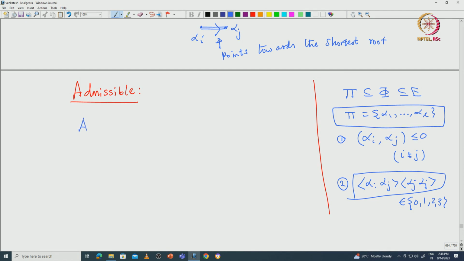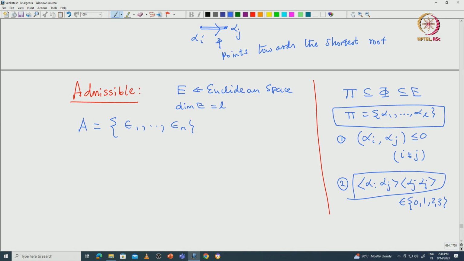What is an admissible set? It is a subset of E. Let us say it is a collection of some n vectors, where E is the Euclidean space. Let us say the dimension of E is L, which could be some arbitrary dimension.